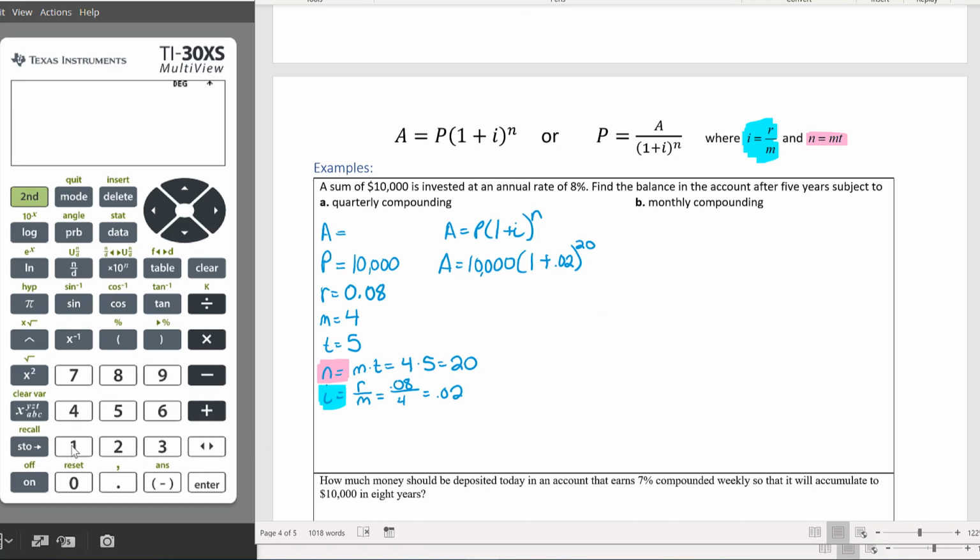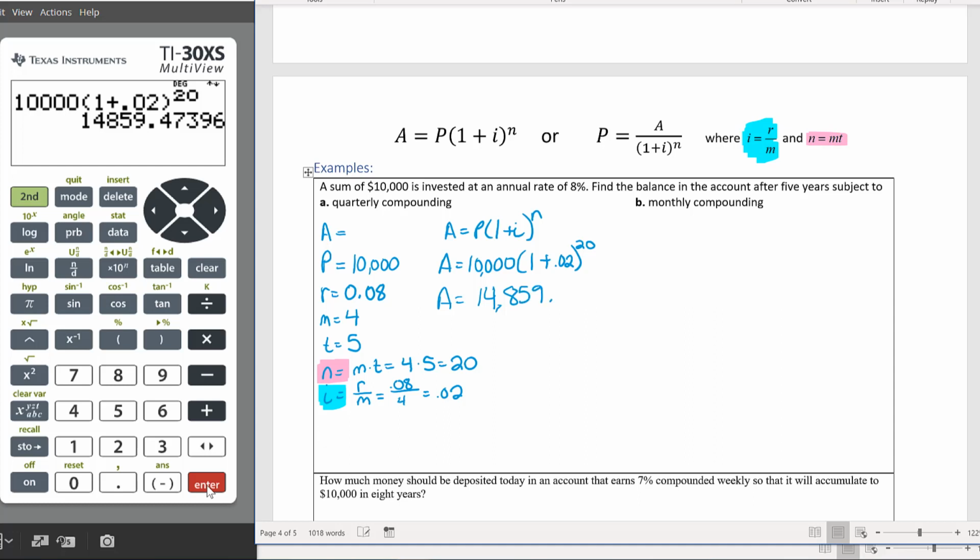So I'm going to type in 10,000, then the parentheses, 1 plus 0.02, close that parentheses, use my caret button, 20. And that gets me A is equal to $14,859.47. So I deposit $10,000, and 5 years later, with this set of circumstances, I'm going to get $14,859.